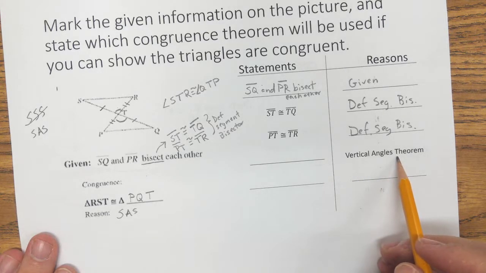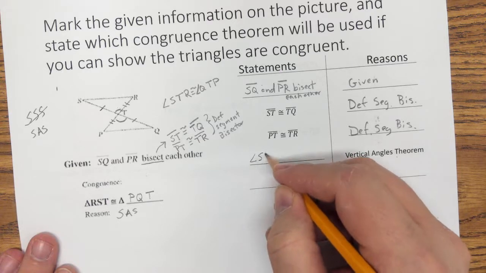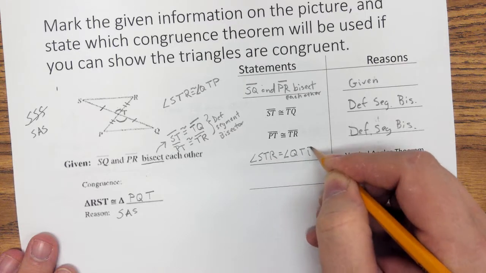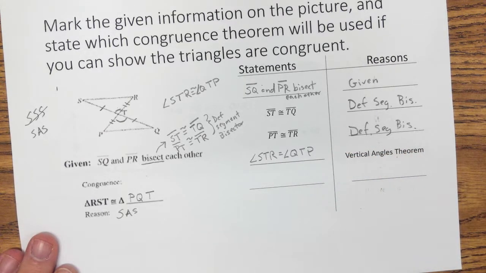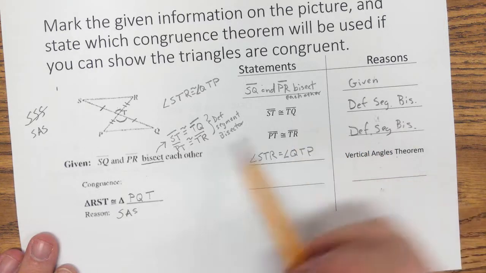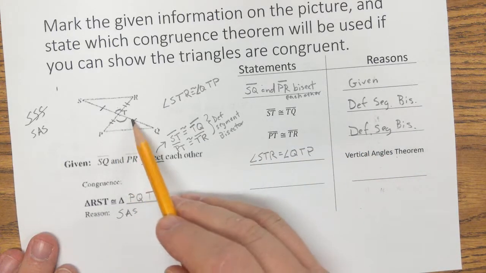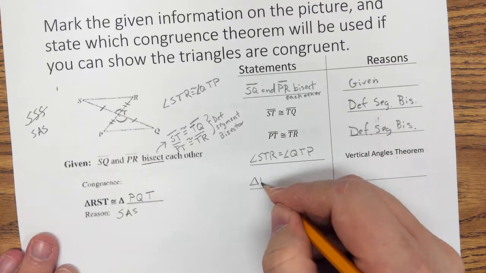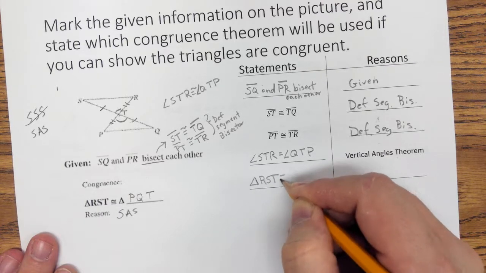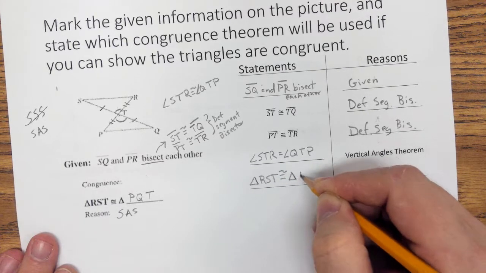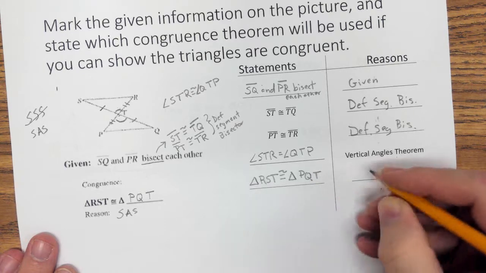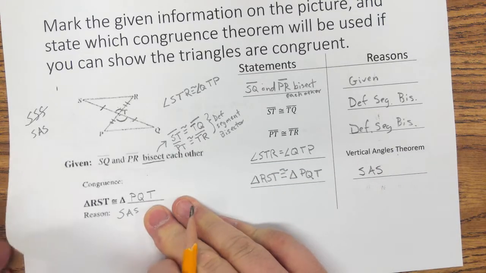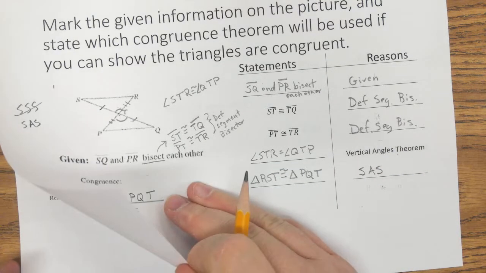Vertical angles, right? So angle STR is congruent to angle QTP by vertical angles. Now I've got side, angle, side, side, angle, side, all in a row. So then triangle RST is congruent to triangle PQT by side, angle, side.